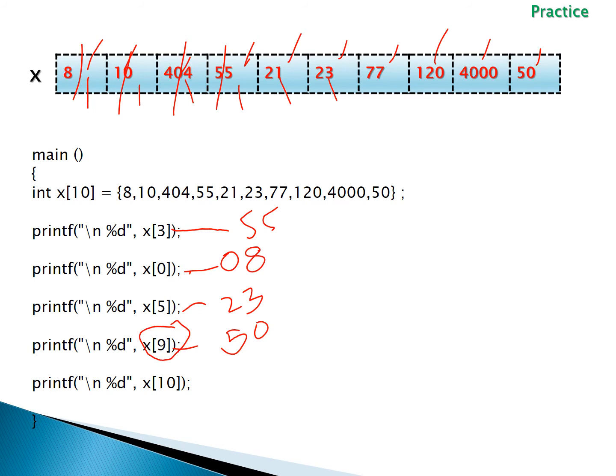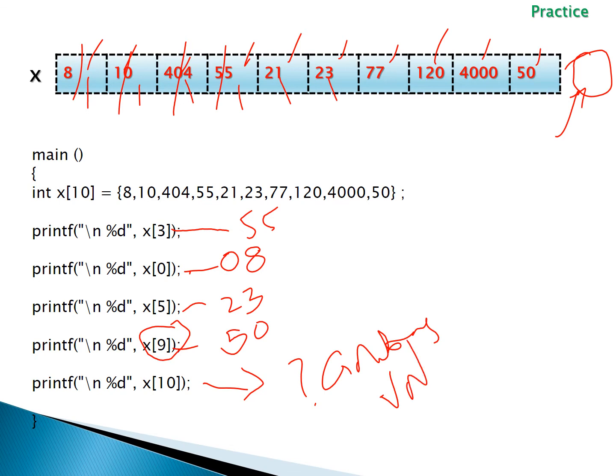So that will be the last element. So we can directly check. What will be the output of this statement? This one. But we don't know the value at this location. So for us that will be a garbage value. So the answer is garbage value, because we are not sure, and that is outside the boundary of this array.